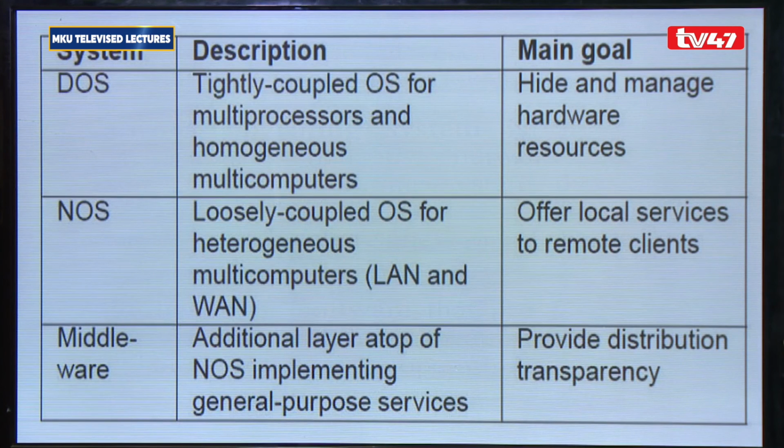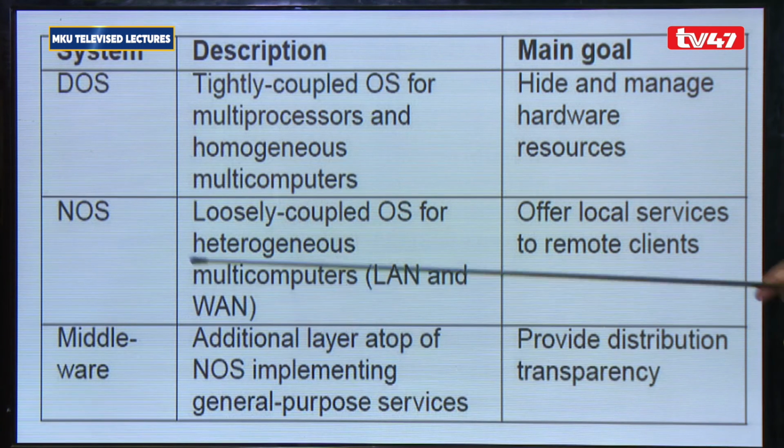So let's continue. We have systems and their description. The DOS is tightly coupled with the operating system for multiprocessors and homogeneous multicomputers. The main goal is to hide and manage hardware resources.